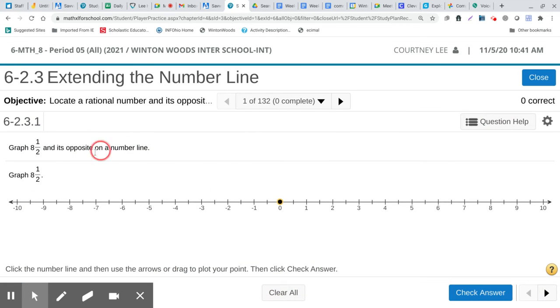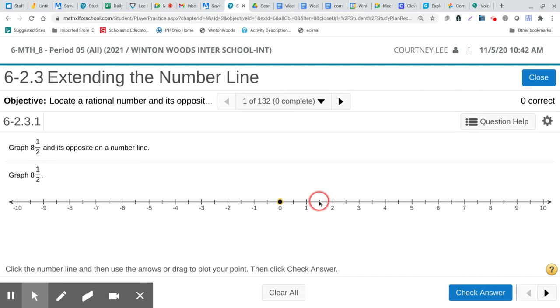Anywho, so basically it says graph 8.5. So I need to find, first off, what my scale is. If it's 1, 2 hops to get to 1, that means this is probably a scale that goes every half. So 1 half, 2 halves, which is 1 whole.